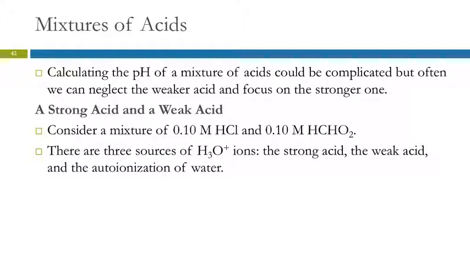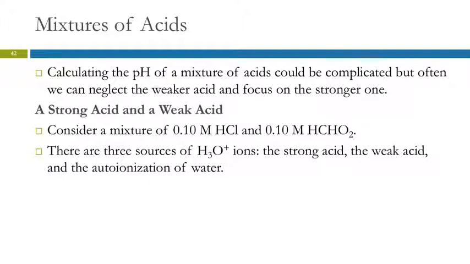So if we look at this mixture, here we have 0.1 molar HCl, which is a strong acid, and 0.1 molar formic acid, which is a weak acid. We have 3 sources of hydronium ions. We've got hydronium ions from the strong acid, hydronium ions from the weak acid, and from the autoionization of water.